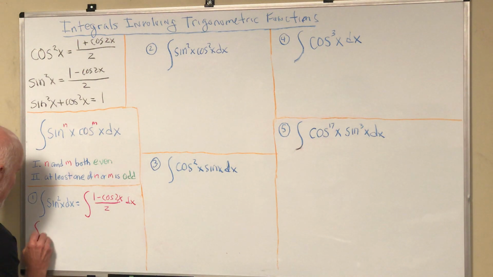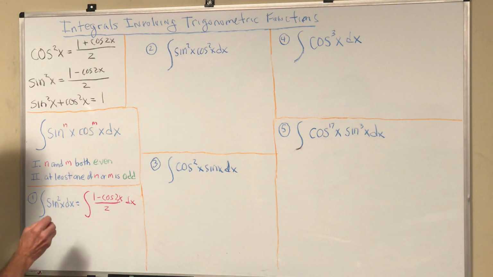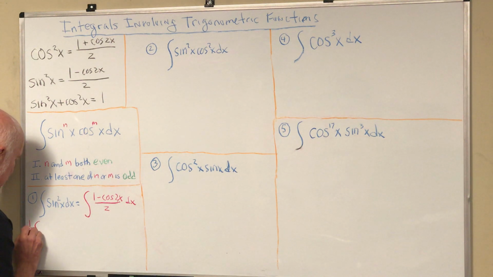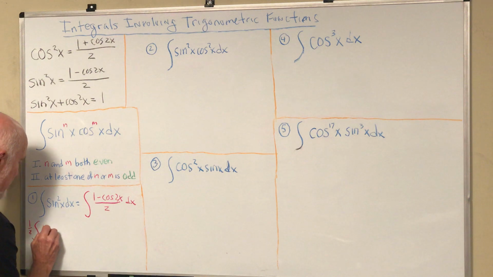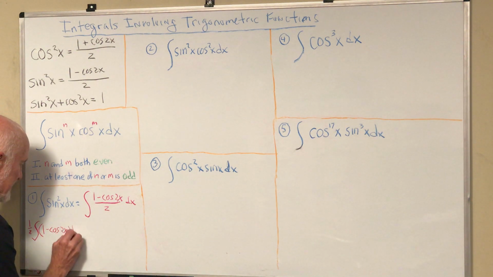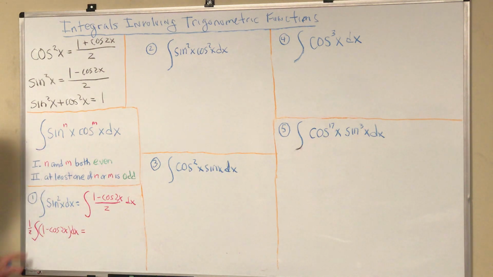So if we just split this up now, we can take the 1/2 out front, and we just have 1 minus the cosine of 2x dx. And we can take both of those integrals.